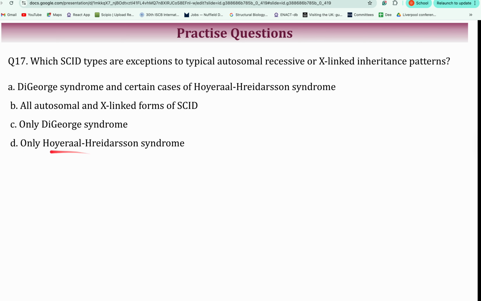Option D, only the Hoyeraal-Hreidarsson syndrome. Okay, so you need to tell which one is the exception, because when we were talking about SCID, we have seen that the inheritance pattern is either autosomal recessive or X-linked. So we need to tell which one is the exception.